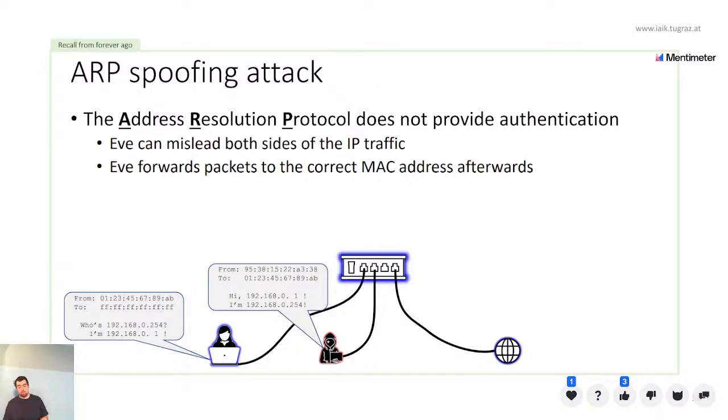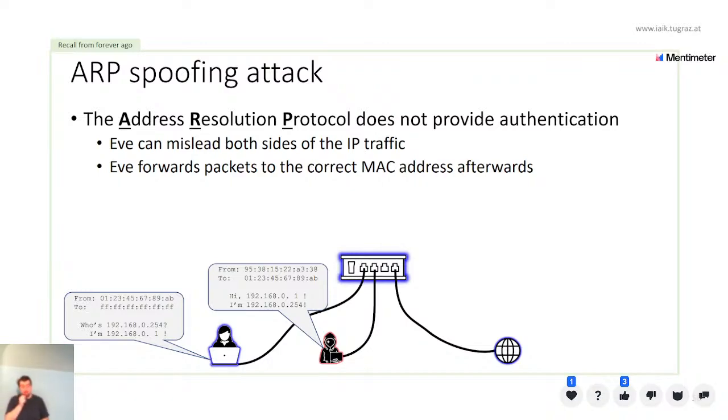So we had this example of an attack called an ARP spoofing attack, where Eve misleads the parties of IP traffic into thinking that Eve's MAC address is associated with the other party. Here we have Alice communicating with the default gateway, and Alice asks on ARP broadcast, okay, who owns the IP address of the default gateway, and then Eve wins a race condition and goes, yep, that's me.